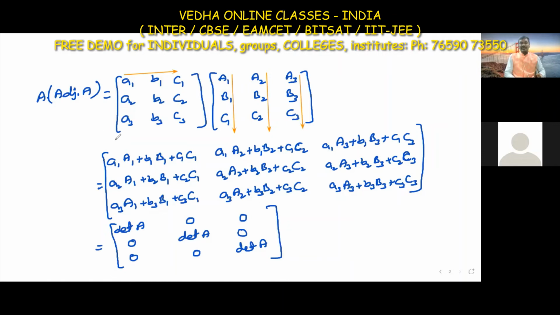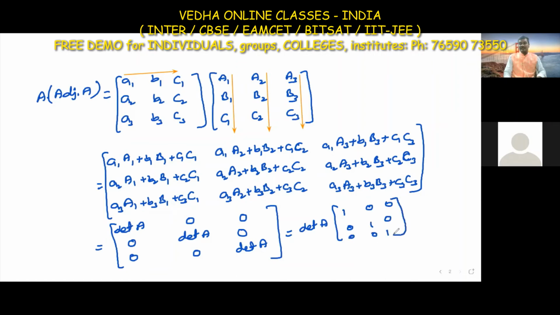So A into adjoint A is equal to the matrix with det A on the diagonal and 0 elsewhere. Take det A common, and we get the matrix 1 0 0, 0 1 0, 0 0 1.